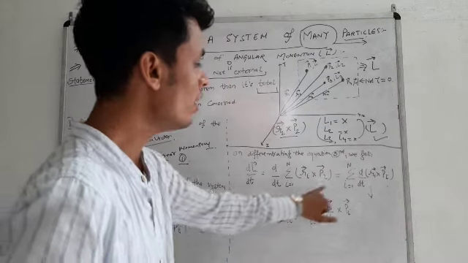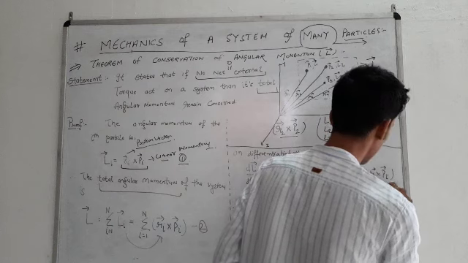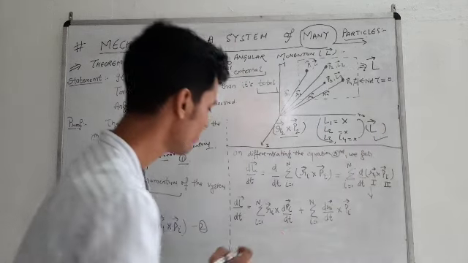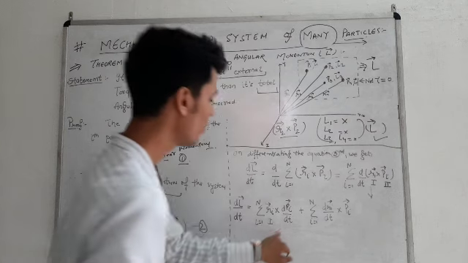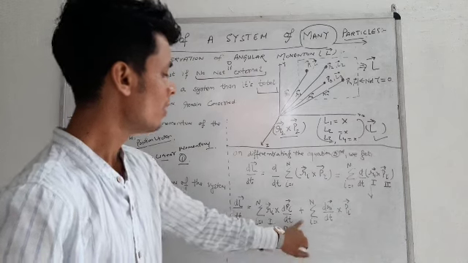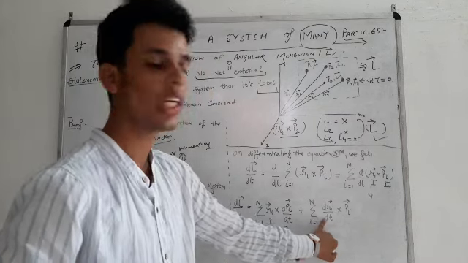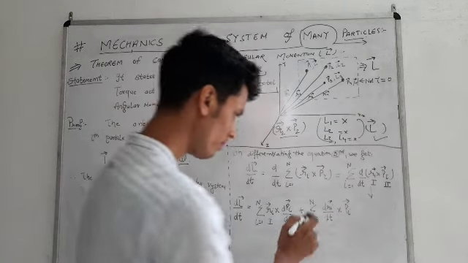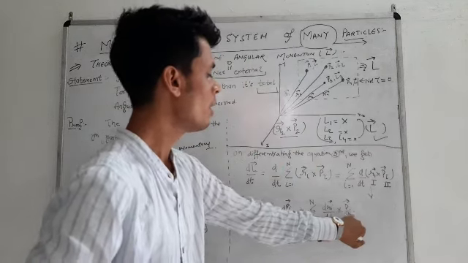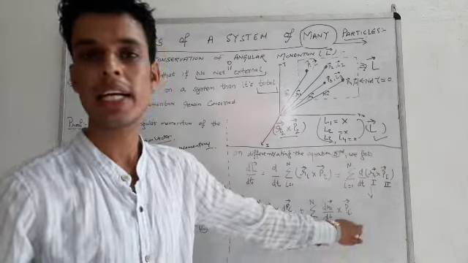We have differentiated Pi in this first part, considering this first and this second, so the first part remains the same. In the next term, the summation i equal to 1 to n, we have differentiated the first part, dRi by dt cross Pi, and the second part remains the same.